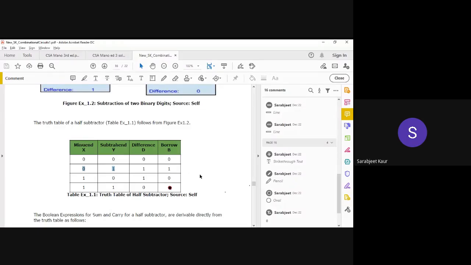Okay. Now, because there is a single one in the output column, this is the most reduced expression, right? Similarly, in this case, you can see that we are having ones in the min terms which are not groupable.